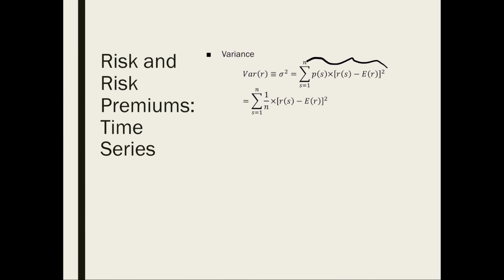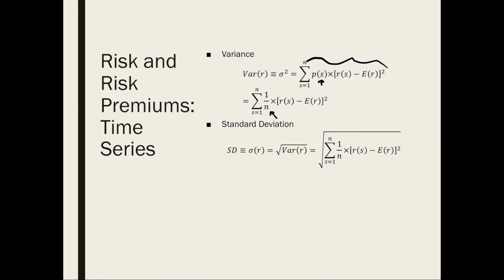With a time series, instead of multiplying by the probability, the deviations from the average or from the expected return, what we do is we divide by n. So once again, we are equally weighting all of our deviations from the mean when calculating the variance. With the standard deviation then, it is simply the square root of that variance value.